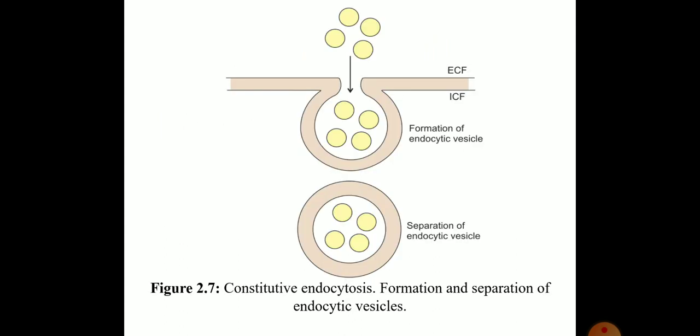This is the diagram representing constitutive endocytosis, where the macromolecules come near the cell membrane, there is formation of an endocytic vesicle in the cell membrane, and the macromolecules are dragged inside the vesicle. There is separation of the vesicle from the cellular membrane, and this is how the macromolecules are absorbed into the cell by endocytosis.